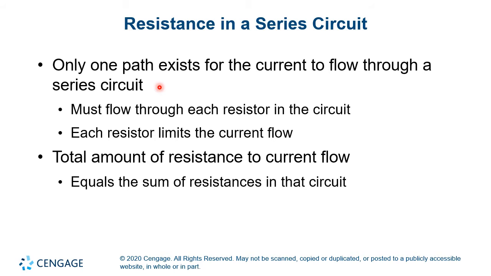The more resistance you have, the lower the current flow is going to be. As a result, the total amount of resistance is just going to be equal to the sum. So we would just add the resistance up of the resistors in series, and whatever their total resistance is, of course in ohms, you would get the total resistance for the circuit. Pretty straightforward.